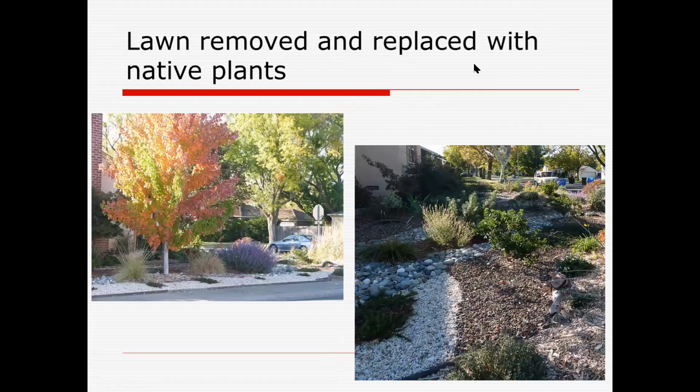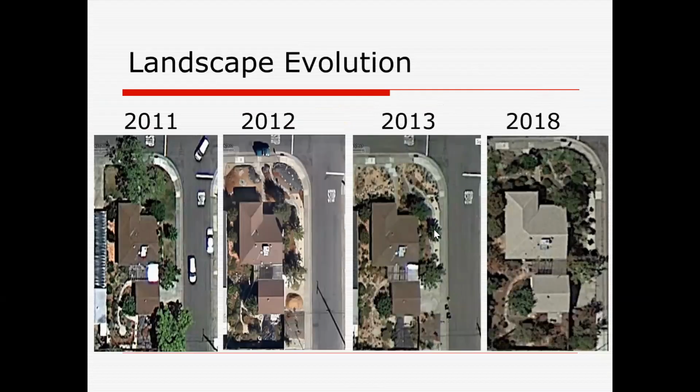And you can see this landscape evolution. In Google Earth, they have the option of when you click on view, you can get historical views. And so here is 2011. This was when I met with her. She had already transformed this back lawn, as you remember, into a little meander among a lot of native plants.